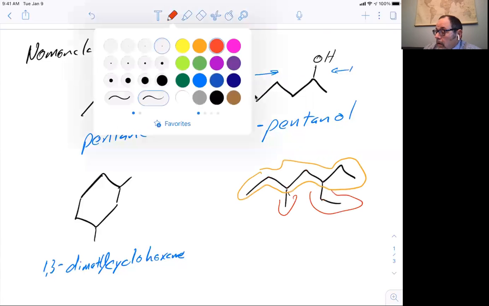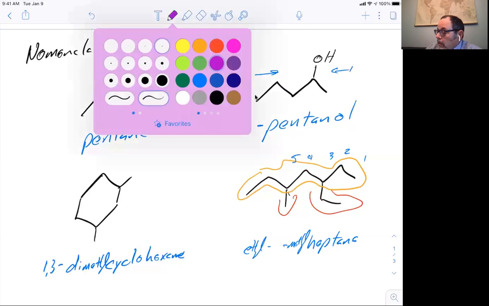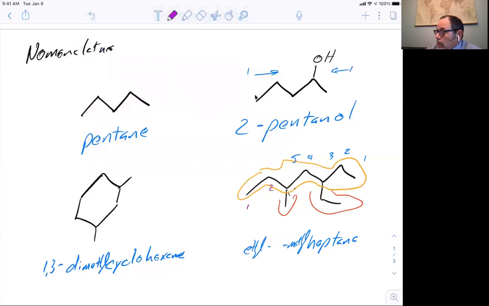So then 7 is going to be heptane. And then ethyl is going to come first, then methyl. If we look at our numbering, we could have 1, 2, 3, 4, 5, or 1, 2, 3, 4, 5.